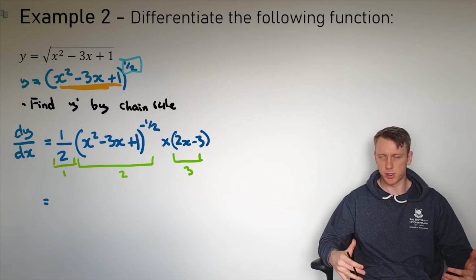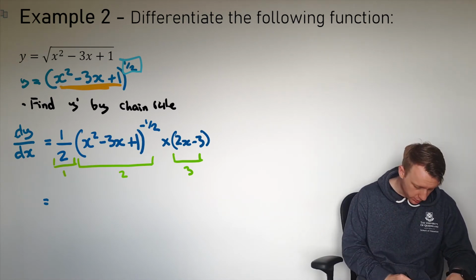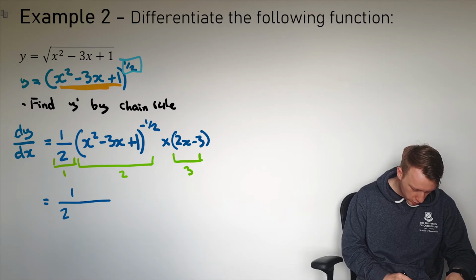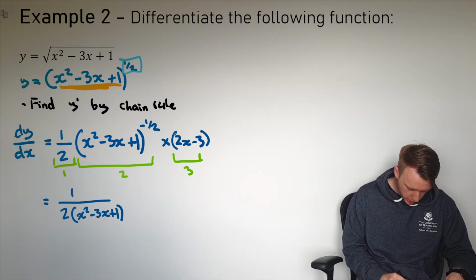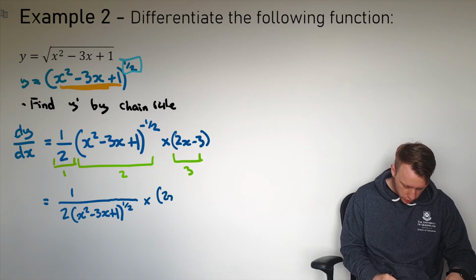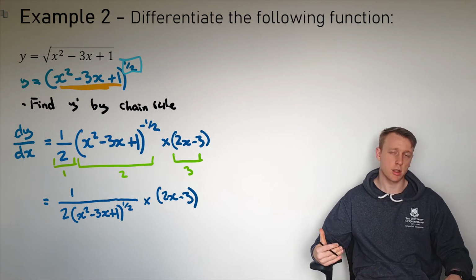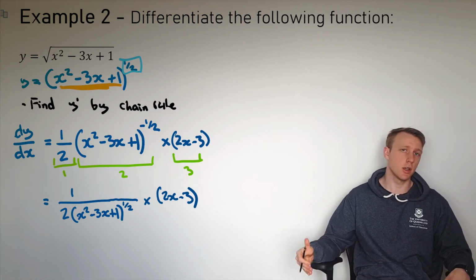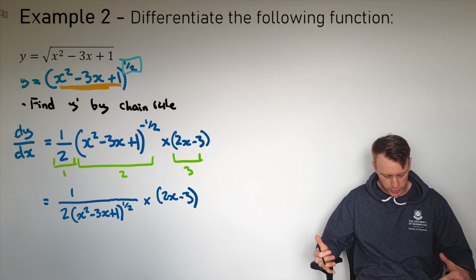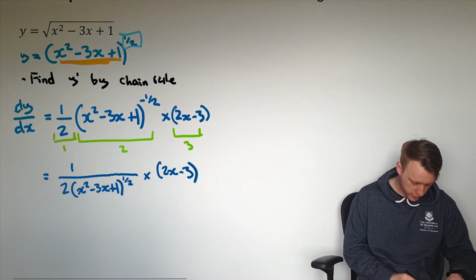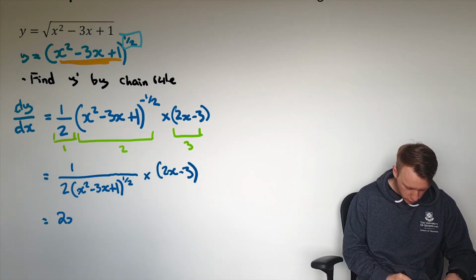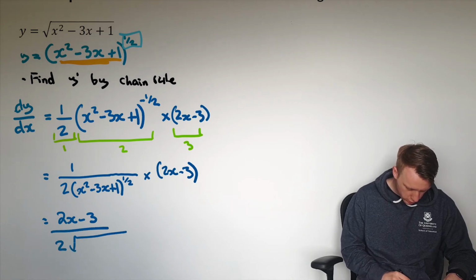I might express that negative power on the denominator, so I'm going to have 1 over 2 times x squared minus 3x plus 1 to the power of a half, so my denominator, multiplied by 2x minus 3. And I might just throw that 2x minus 3 on top of the numerator and express my answer with a surd. So I would write it as (2x minus 3) over 2 the square root of x squared minus 3x plus 1.